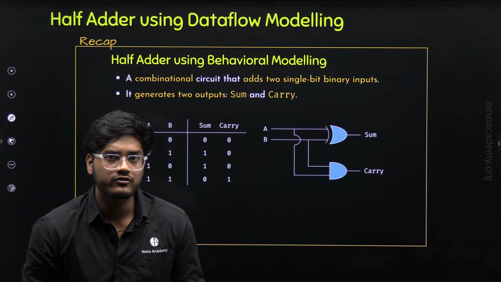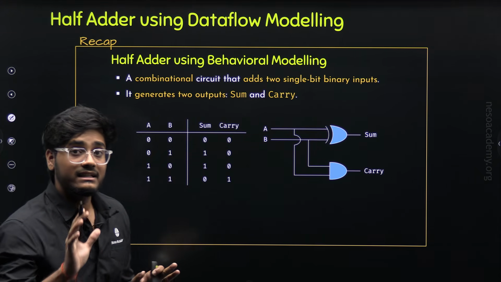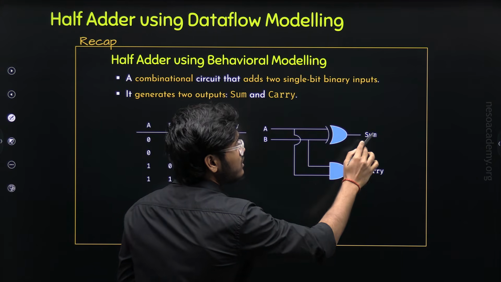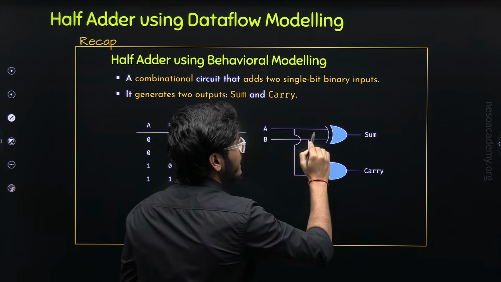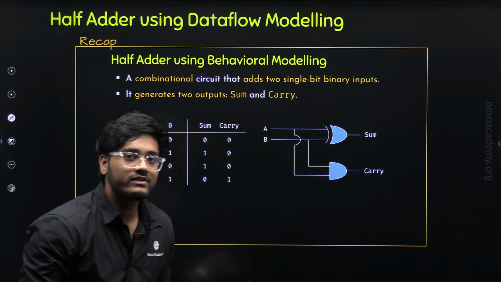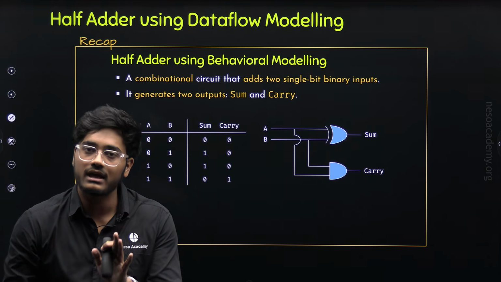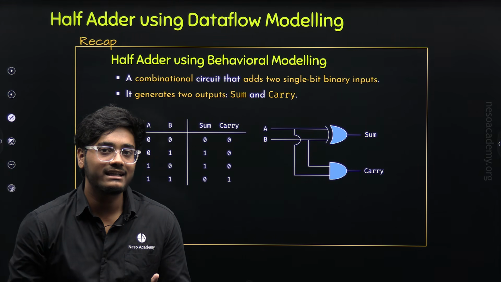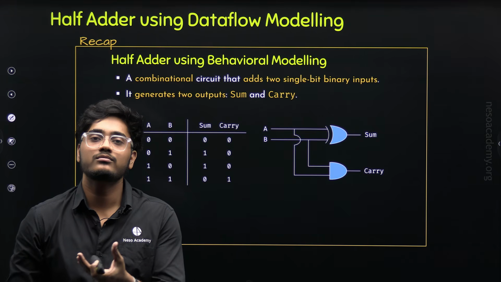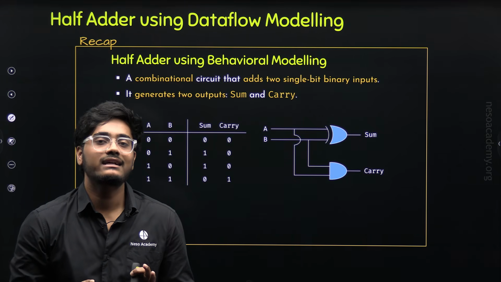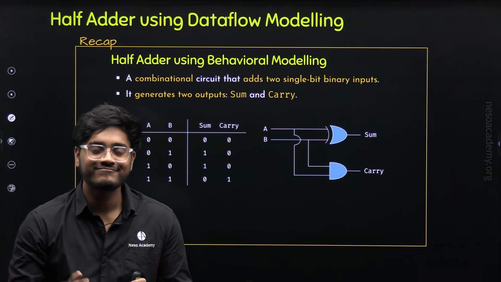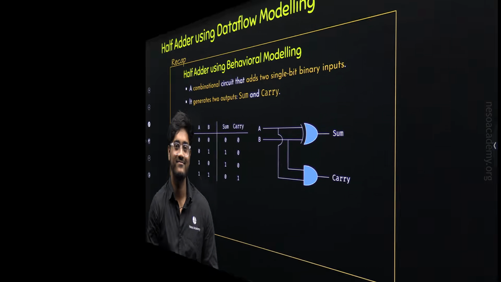Because in data flow modeling, we can clearly see the flow of data from inputs to the outputs via the logic gates, and it is clearly visible in Boolean expressions as well. Therefore, we call this modeling style data flow modeling. Now, let's implement the half adder circuit in Vivado using data flow modeling.